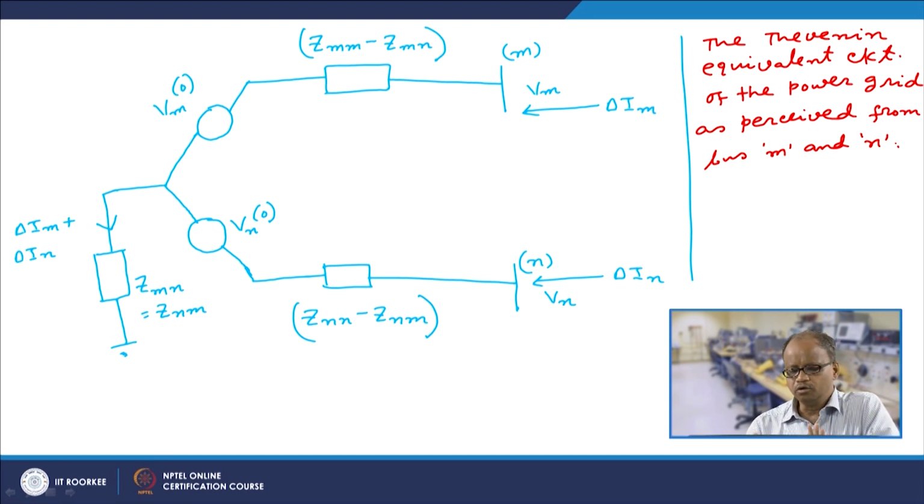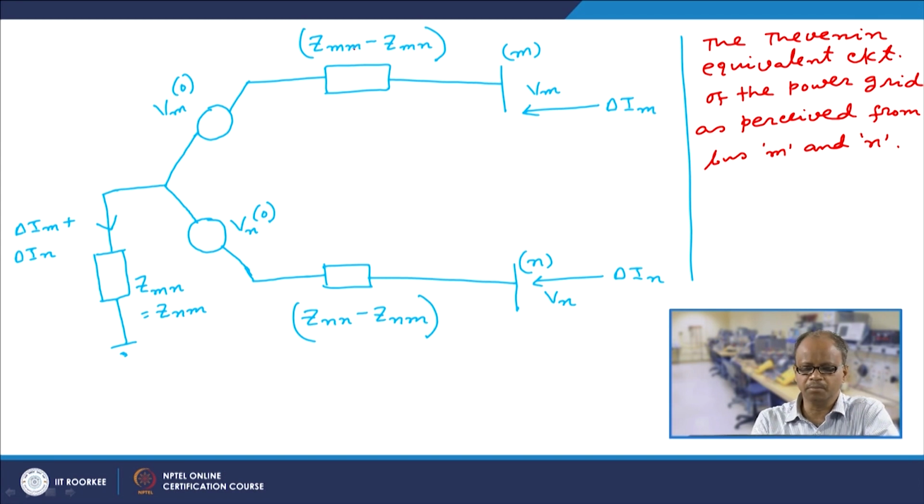Now, if I want to find out the equivalent impedance as perceived from bus m to ground, what I have to do first is make these two sources short circuited. Once we do this short circuit, and I wish to find out the equivalent Thevenin impedance as perceived from bus m and ground, what would it be?